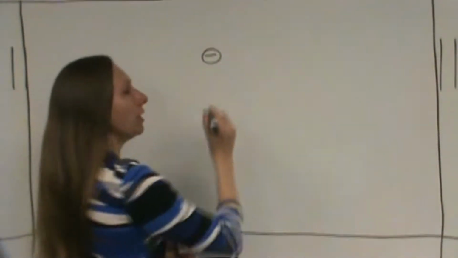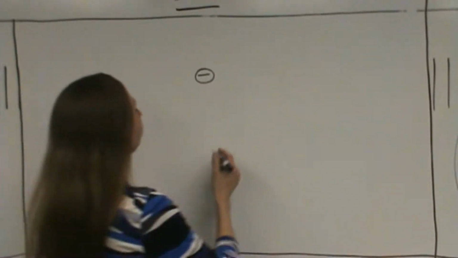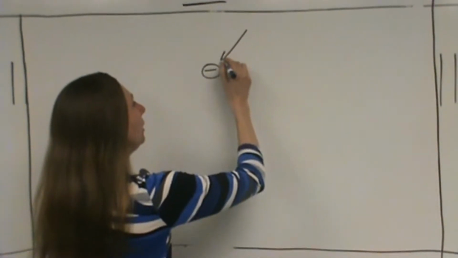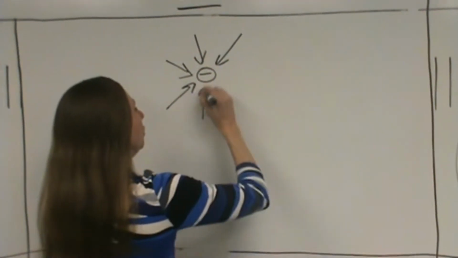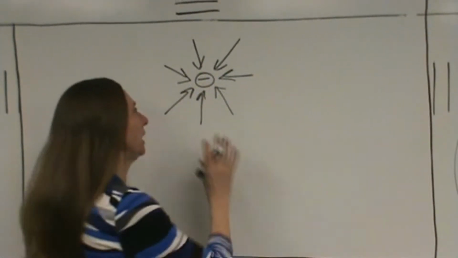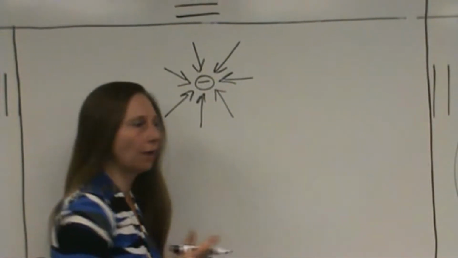The stationary electron, we know, has an electric field around it. The electric field is oriented toward negative. So the electron that is not moving has an electric field around it.